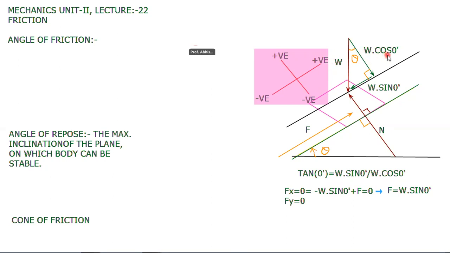So minus W cos theta plus N will be equal to 0. You can also write that N will be equal to W cos of theta.